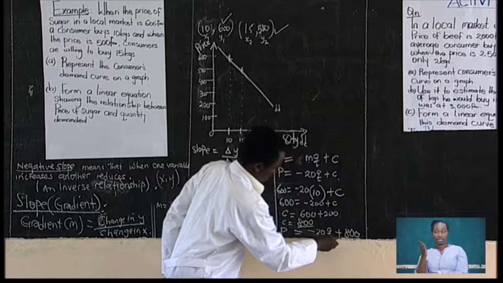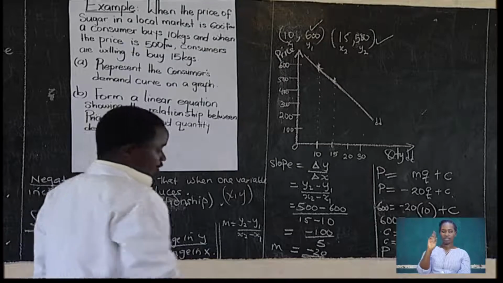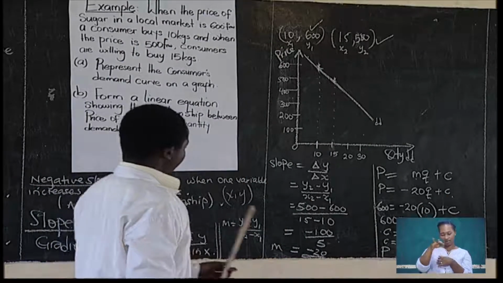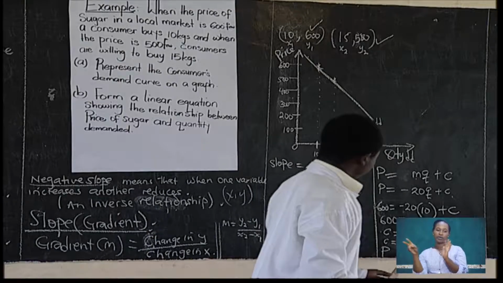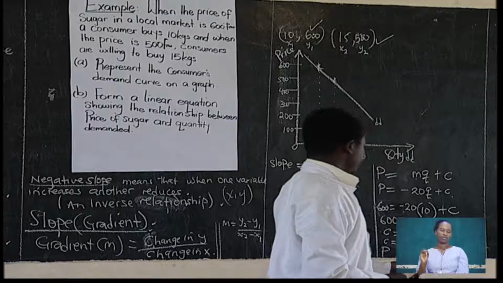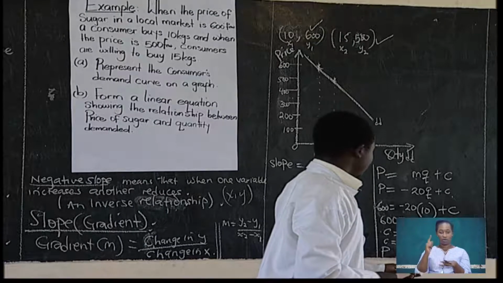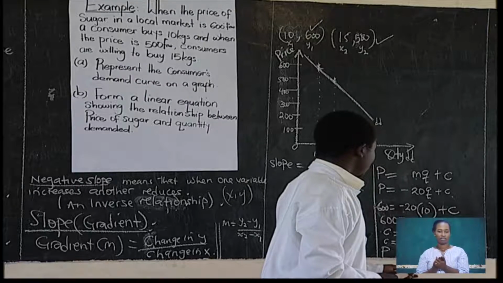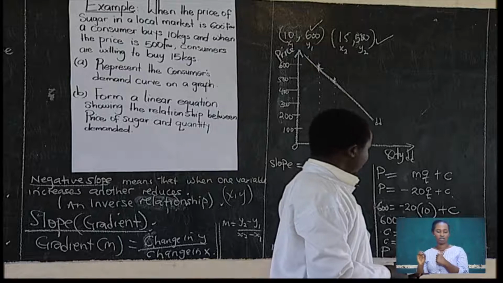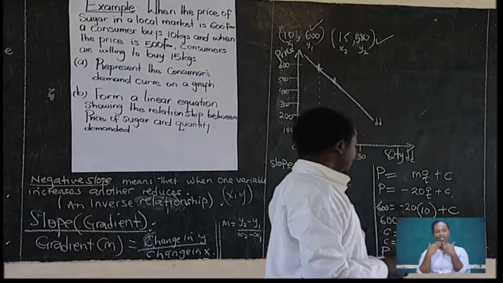So this is our linear equation showing the relationship between price of sugar and quantity demanded: P equals negative 20Q plus 800. Meaning that when quantity demanded is 0, the price will be 800. I think you are following that one.